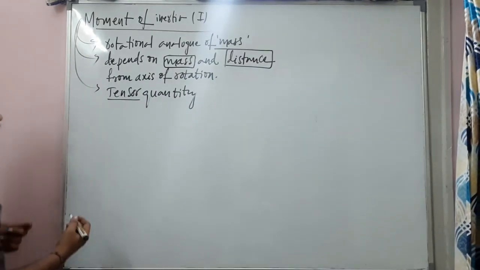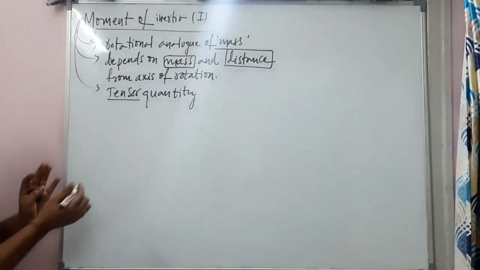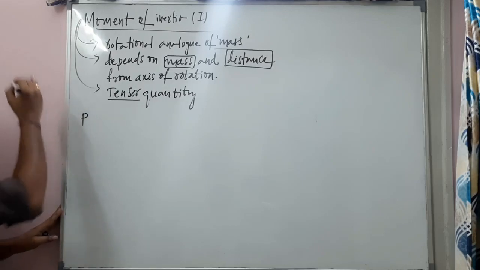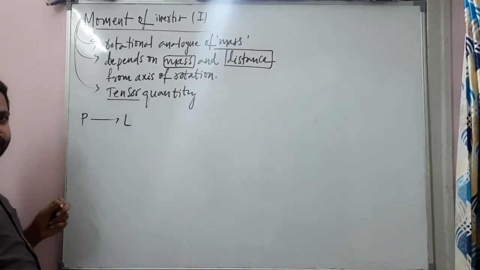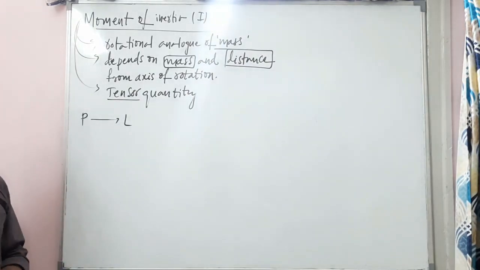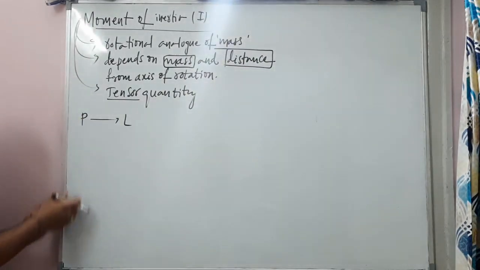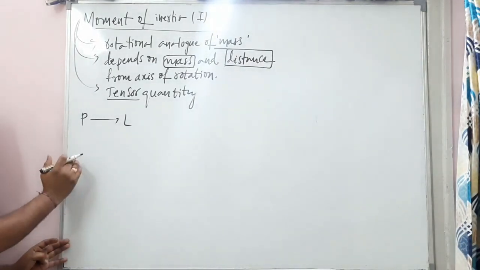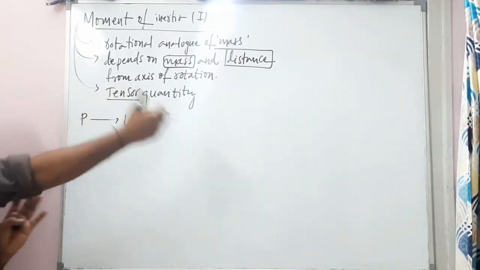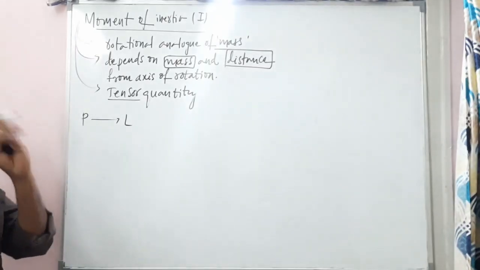We have already, for example, in linear motion, if I write linear momentum, in rotational motion, we'll write angular momentum. Yes or no? In translatory motion and linear motion, how the terminology will be written in rotational motion, you already know.